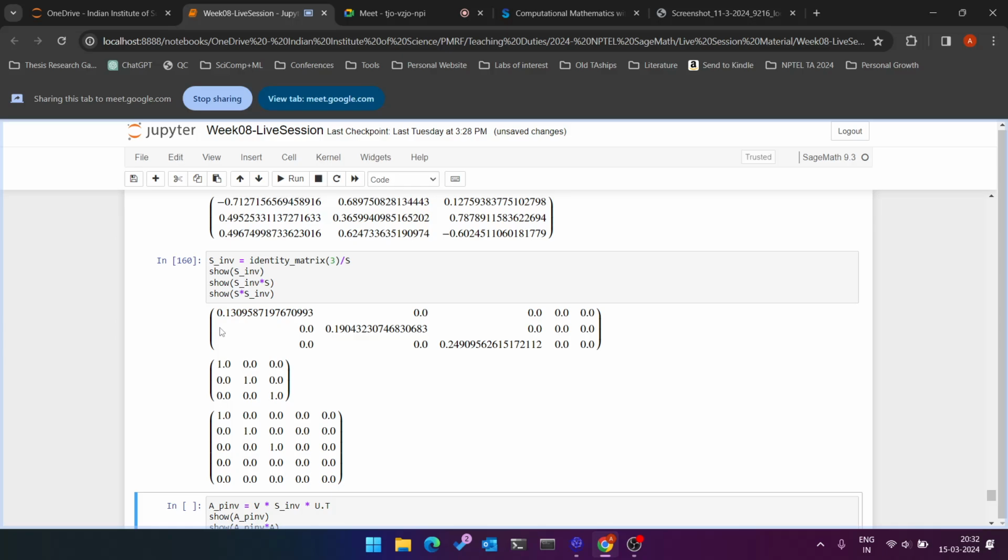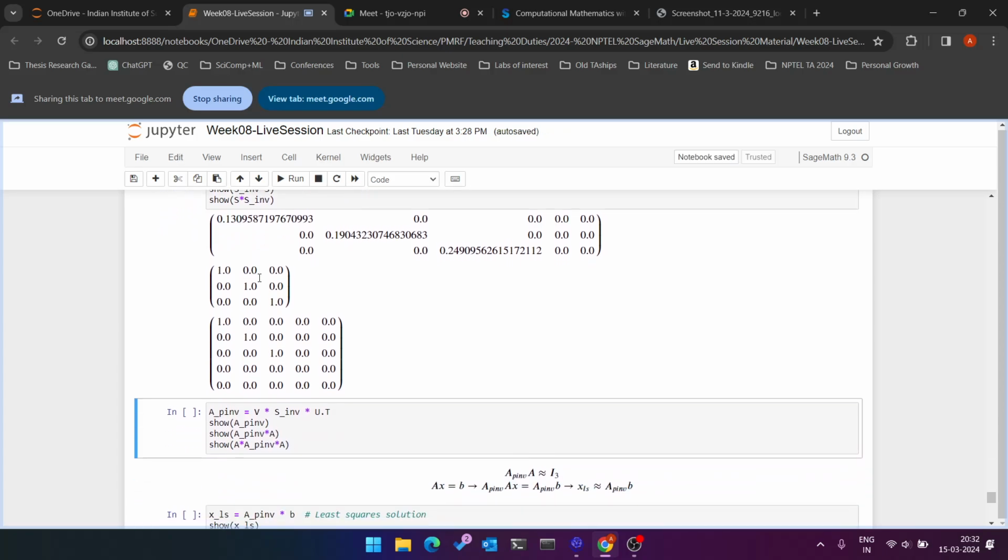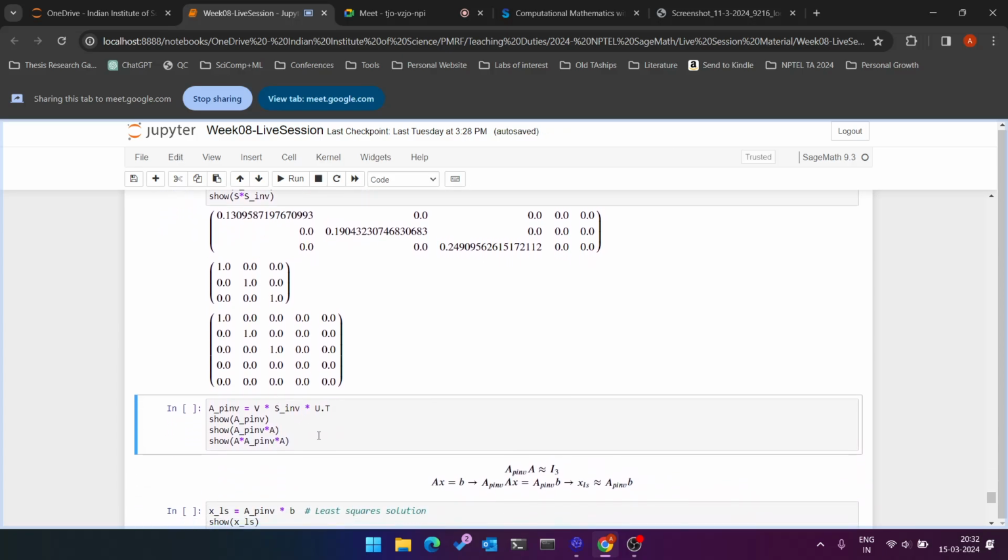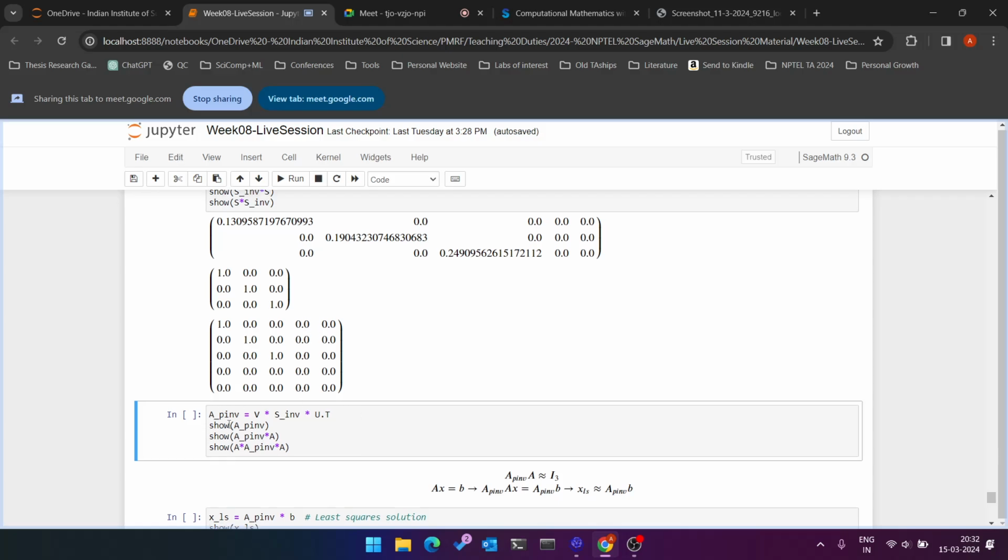So this is how my S inverse looks like. And then the pseudo inverse is nothing but V into inverse of S into U transpose. So we have defined A as U S V transpose, pseudo inverse of A as V S inverse U transpose. So this gets a pseudo inverse of A.